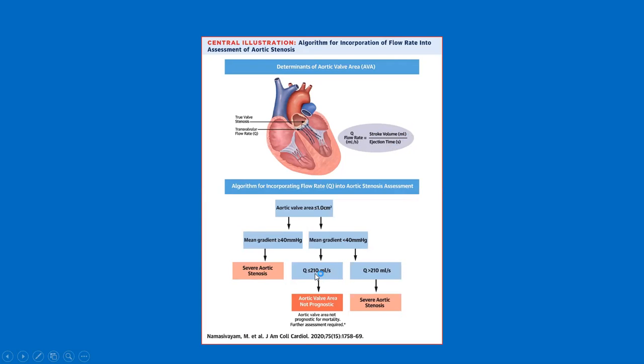So a flow rate less than 210 milliliter per second brings a neutral prognosis for aortic valve area, whereas a flow rate in excess of 210 milliliter per second is associated with severe aortic stenosis, and the aortic valve area has prognostic value.